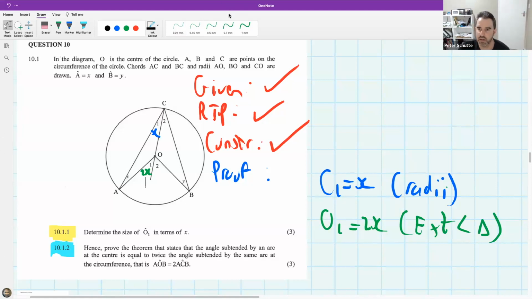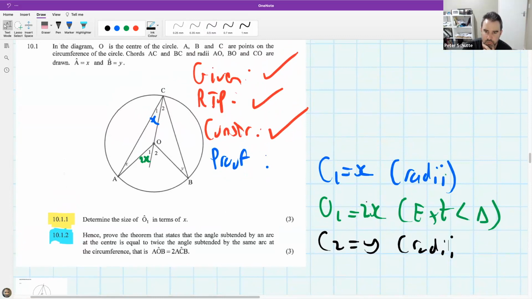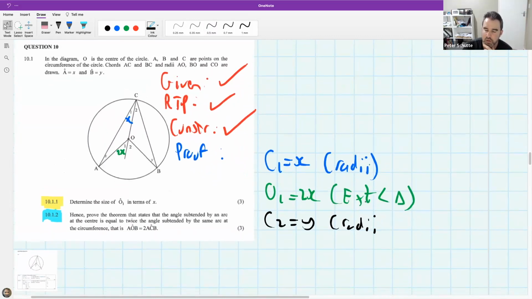What is the next part going to be? So it feels to me like the y is here. So let's see, C2 equals y. I'll give you a bit more time, I think we're almost due our break. So C2 is y, and then we can say O2 is 2y.